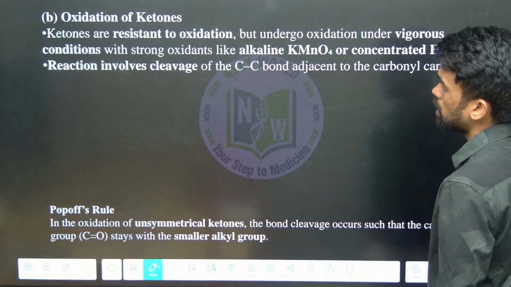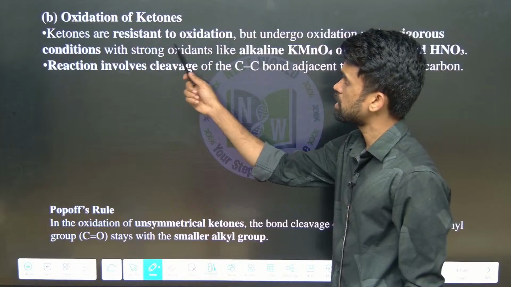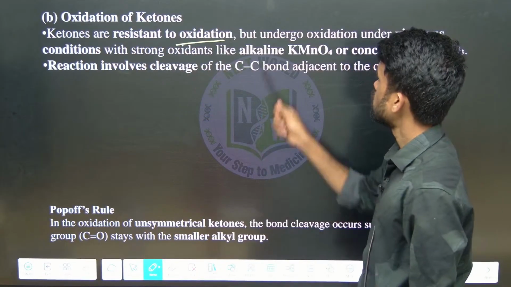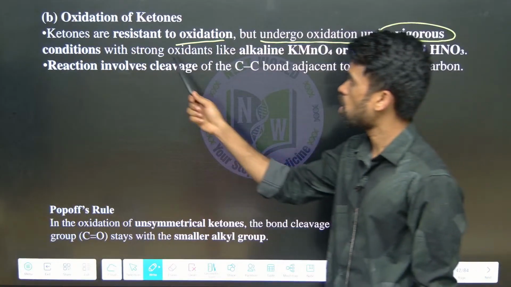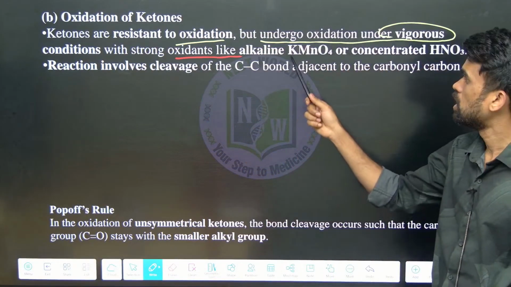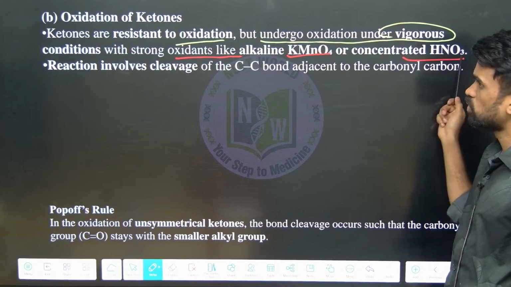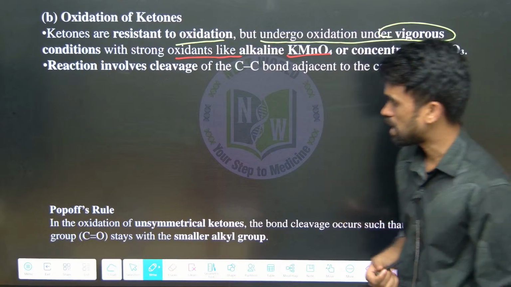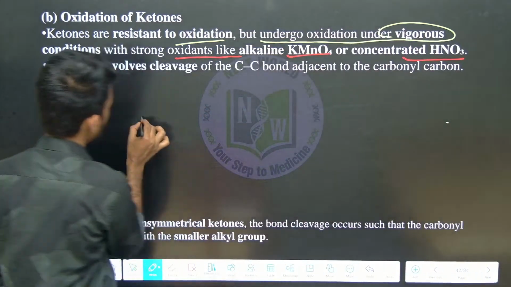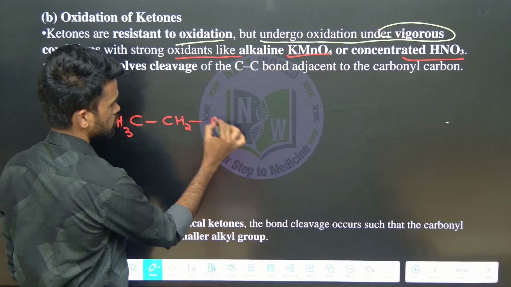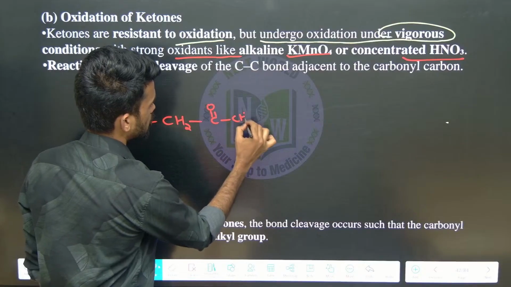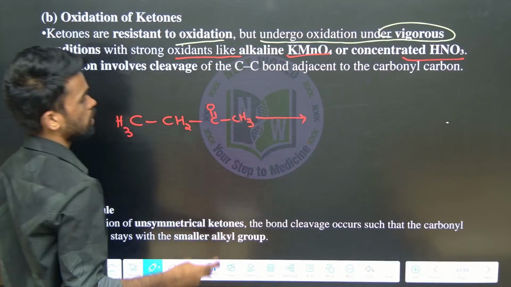So look here, ketones are resistant to oxidation but undergo oxidation under vigorous conditions; strong oxidizing agents like KMnO4 or HNO3 are required. Why is it so?